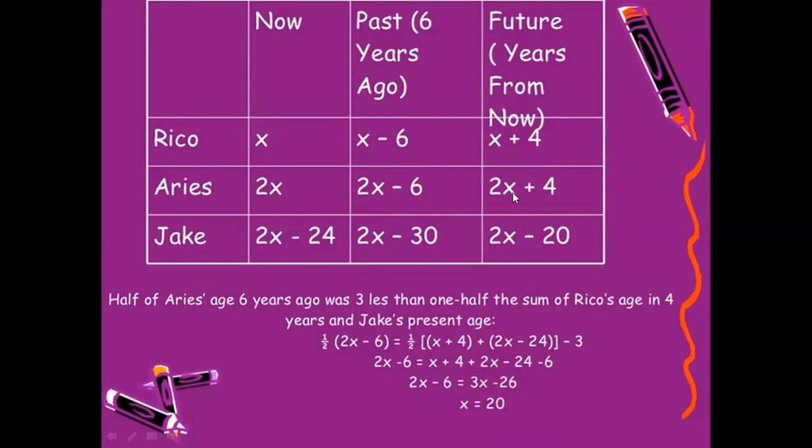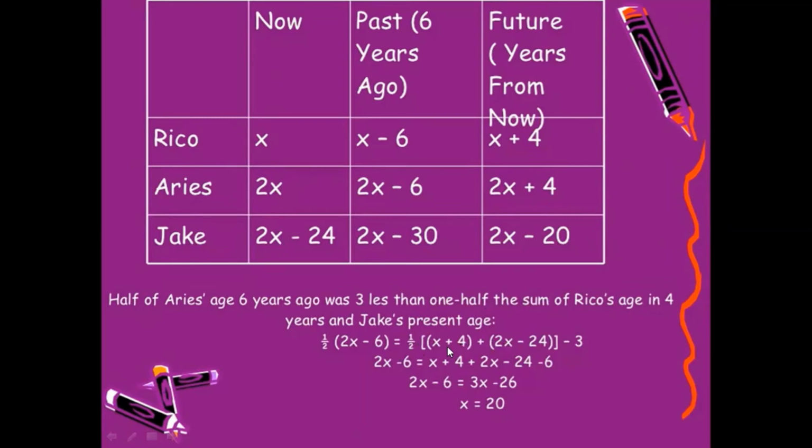So in future we will have to locate the Aries age, that is after the 4 years. This one is after the 4 years. So half of that, plus the sum, because he is saying sum, and this is what I mean to say, the present age of Jack.